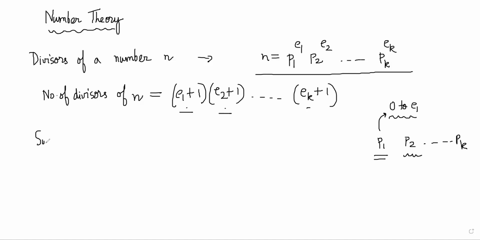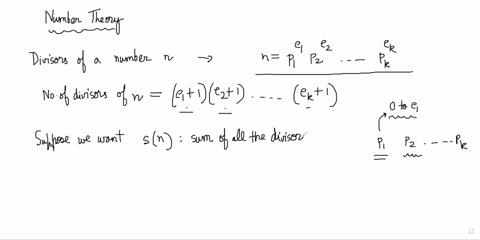So this will come out to be e1 plus 1 multiplied by e2 plus 1 and so on. Now, suppose you want to find the sum of all of these divisors. Suppose we want S of n, which is the sum of all the divisors of n. So how do we find S of n?